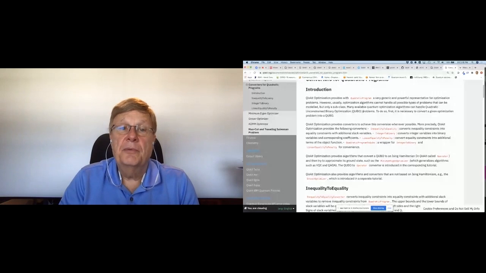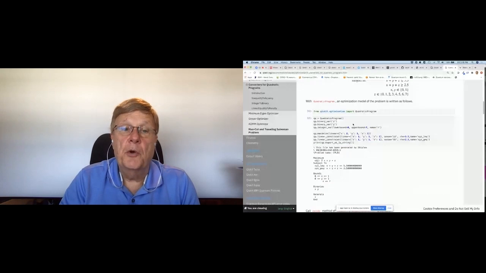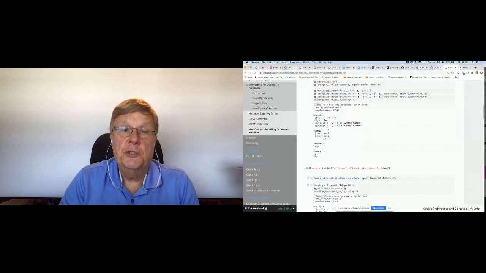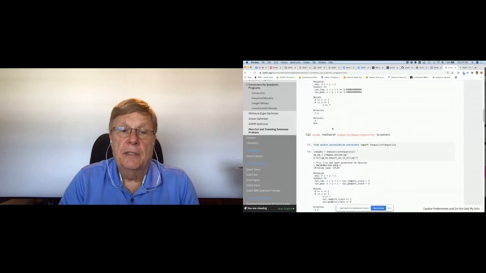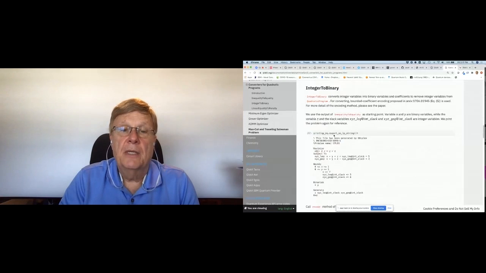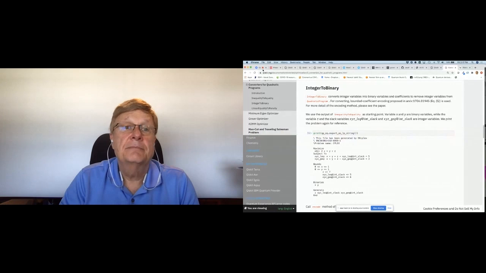This tutorial has code in the form of a Jupyter notebook, and it's all optimization code. So yes, you can absolutely do that.